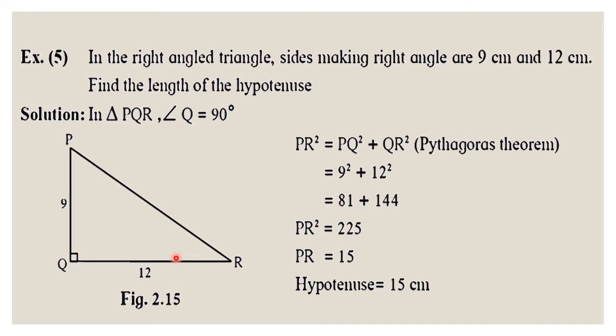Hence, PQ is 9, QR is 12, so substitute the values. 9 square is 81, 12 square is 144. When you add, you will get 225, and 225 is same as 15 square. So PR is square root of 225, that is equal to 15. So hypotenuse is 15 centimeters. Okay. Very simple, very much direct application of Pythagoras theorem.